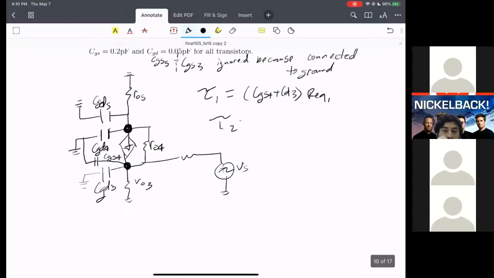Time constant 2 is going to be CGD5 plus CGD4 times some equivalent resistance. So for T2, we're going to use ro5 as the R equivalent.